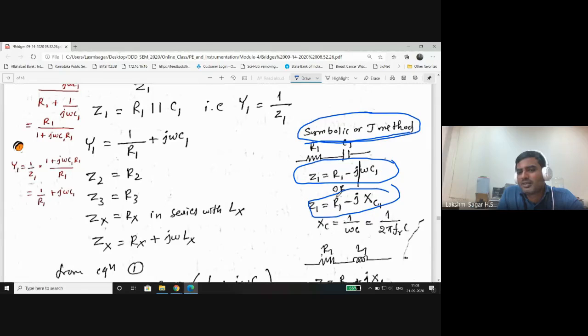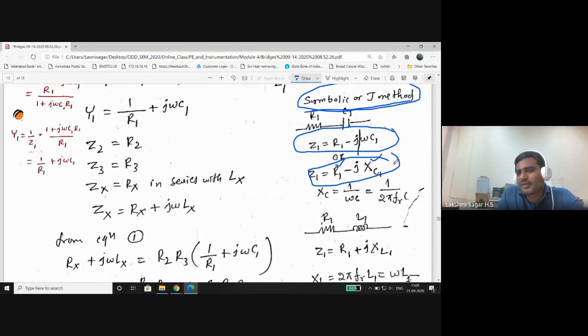It has both resistance and reactance components. If the capacitor is connected with resistance, then the voltage lags the current by 90 degrees. So here we can represent XC as the reactance component 1 by omega C, which can also be represented as 1 by 2 pi f C. Understood this one? If it is connected in series.